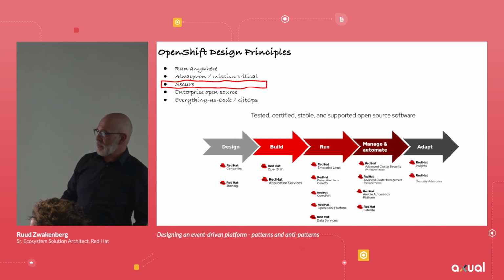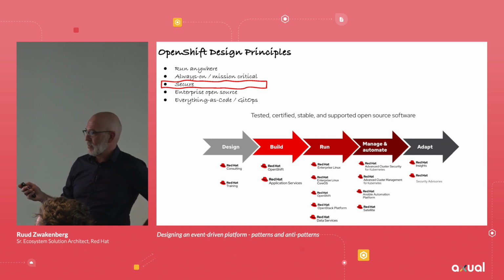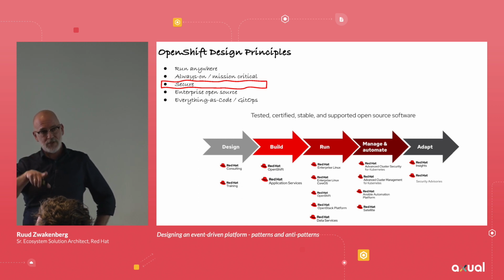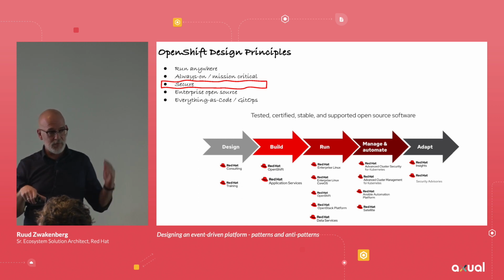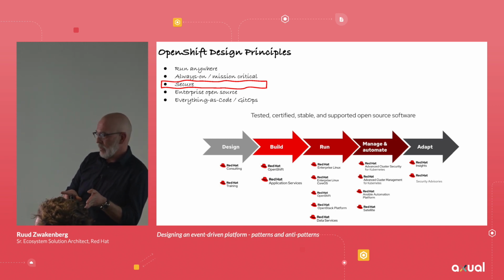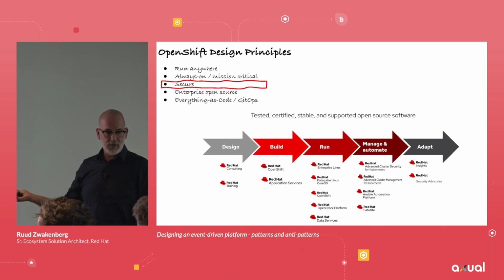Okay, security, not a lot to tell about that. I will skip this one. It's very important. Just one thing to let you know, for Red Hat, security is one of the main business drivers, right? That sets us aside from the other open source platforms. We care about security.